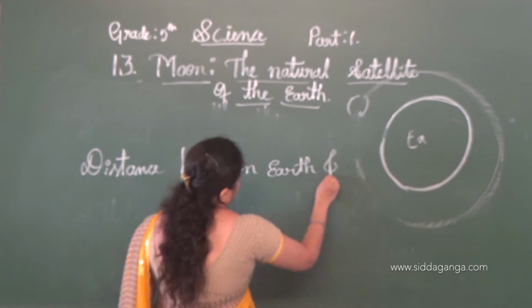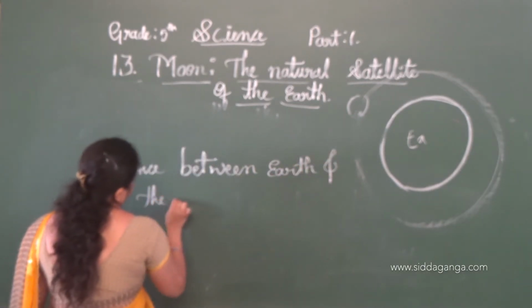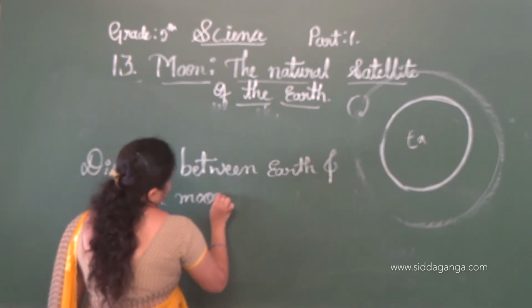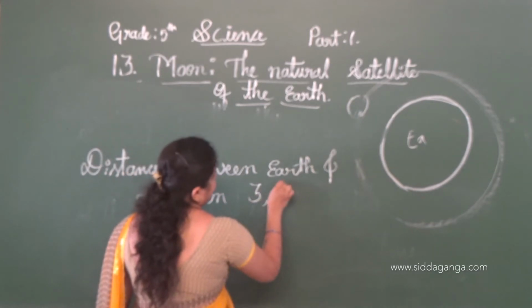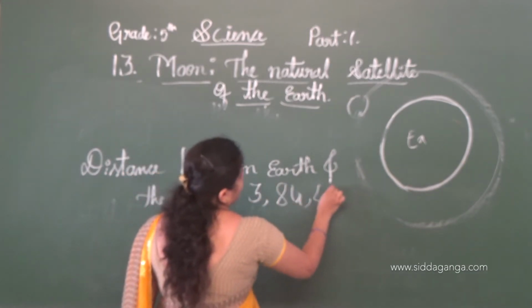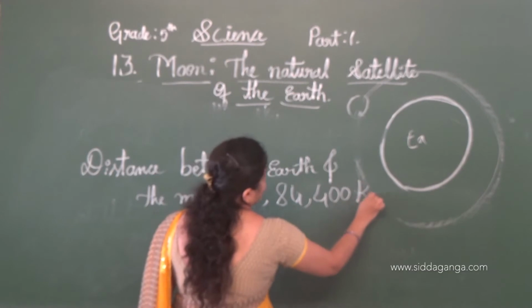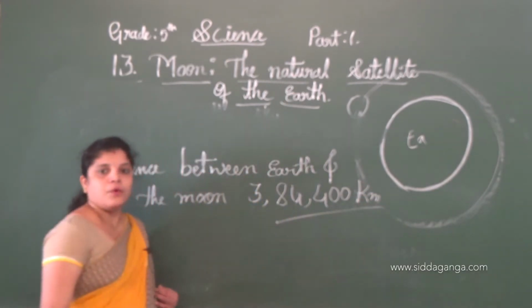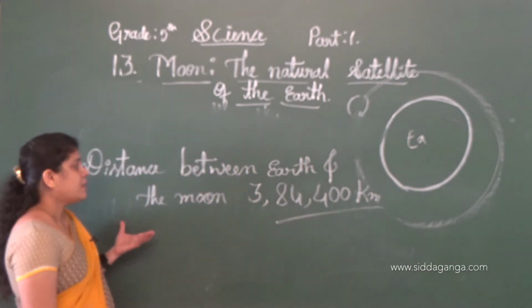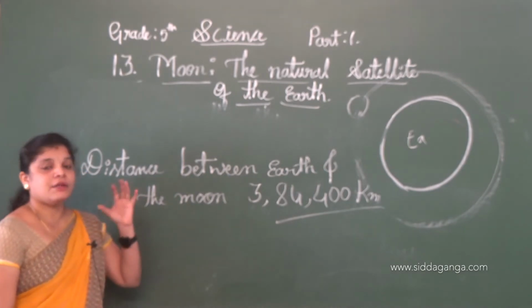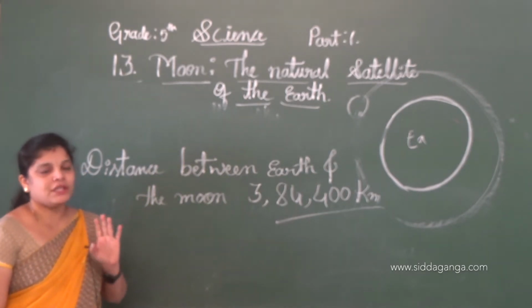The distance between the earth and moon is 3,84,000 kilometers only.